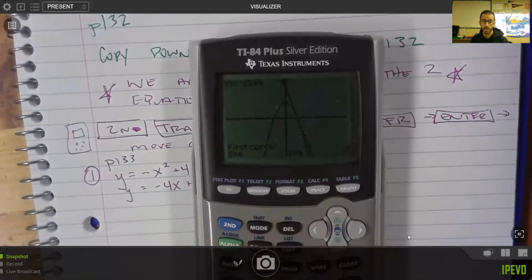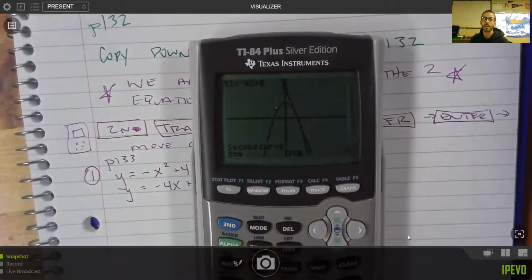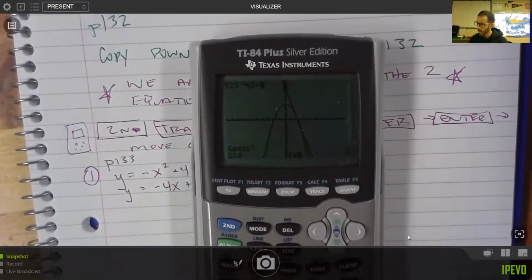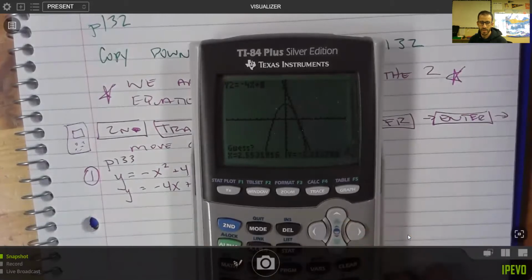So we hit enter. Now it automatically takes us to the second curve. Notice it goes to the y-intercepts, which is great. So this is the second thing we typed in. We hit enter. Now it wants us to take a guess. So I'm going to move to my right. And I think it intersects right around here. It's a guess. We hit enter.